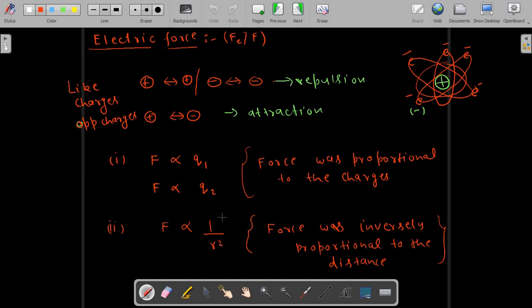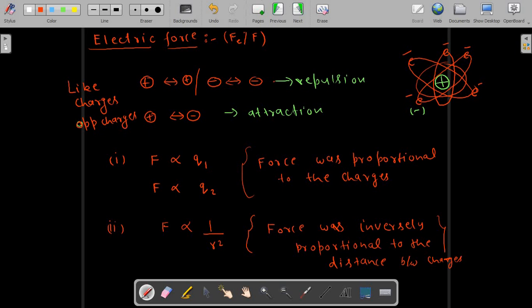So force was proportional to the distance between charges.